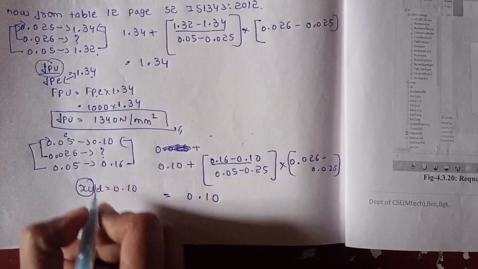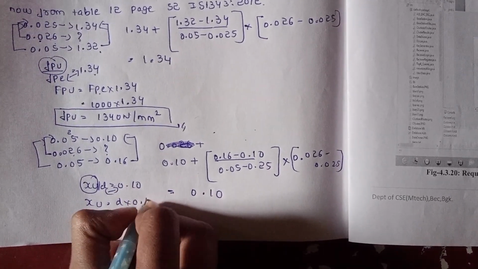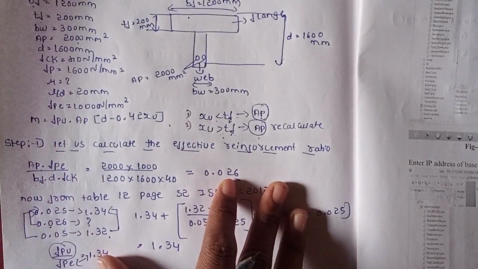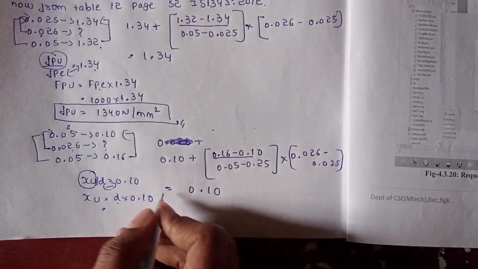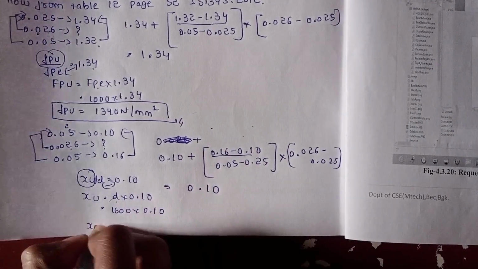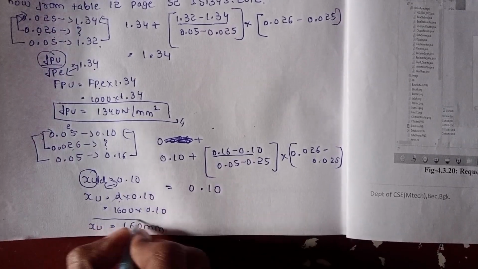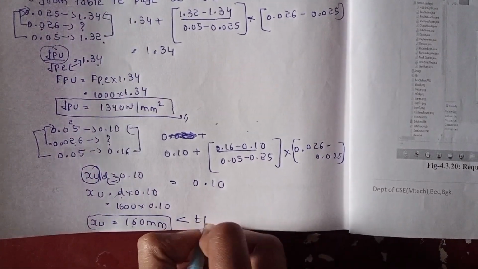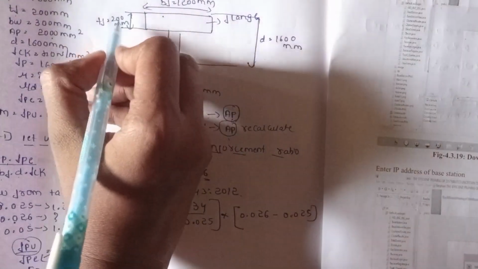Now we want XU value. So XU is equal to, again by cross multiplication, d into 0.10. d is given in the question, 1600, so 1600 into 0.10. Now we got XU value as 160 mm. XU value is less than TF value, where TF value is 200 mm.